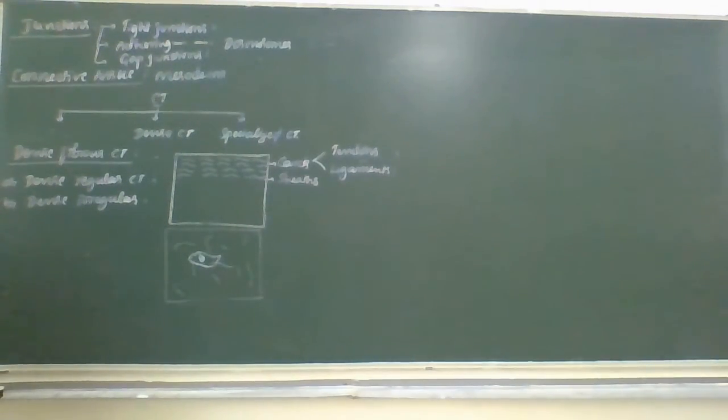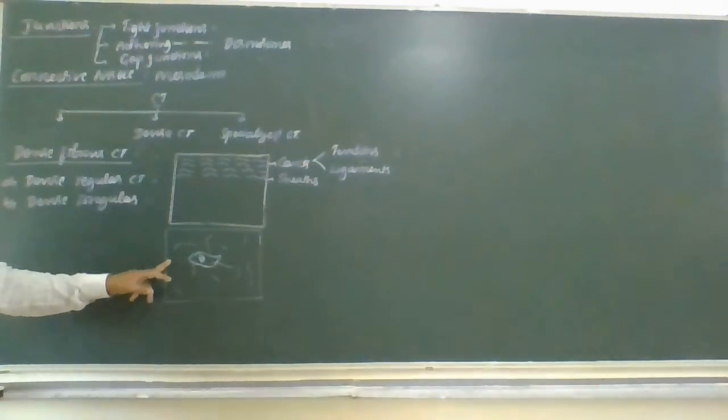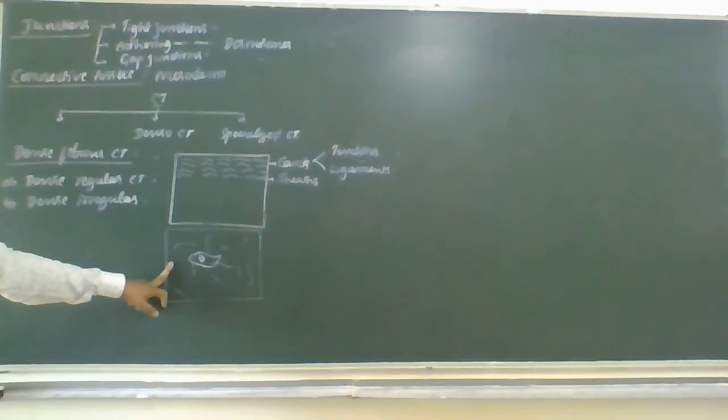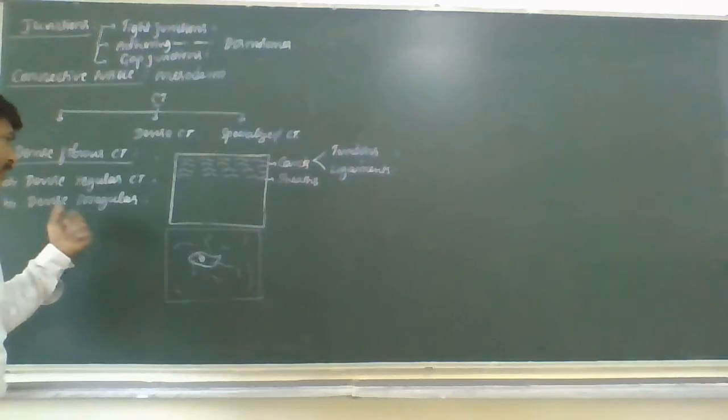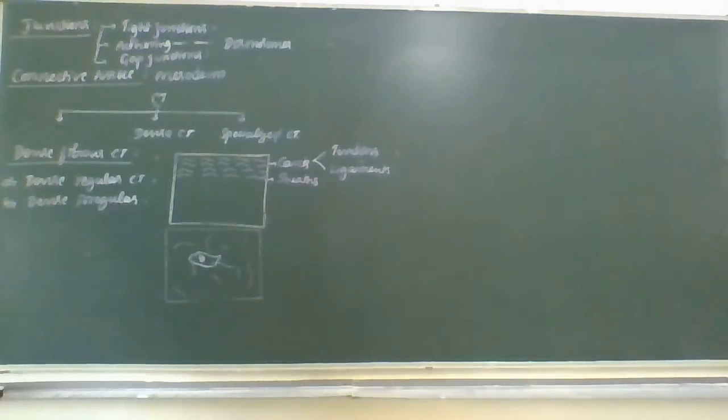In our body, this tissue is present below the skin, in the covering sheaths of the muscles, nerves, cartilage, and the sclera of the eyes. Those are the places where you can find the dense irregular connective tissue. So you should keep that in mind.